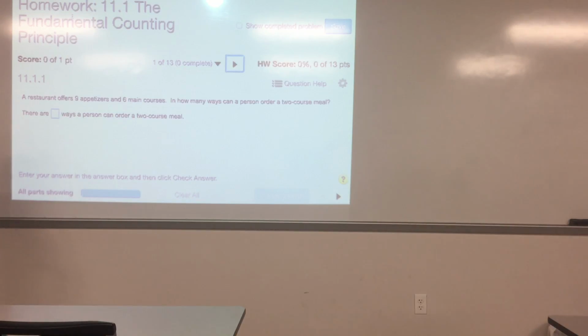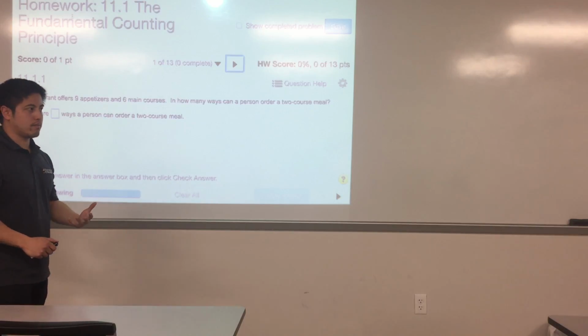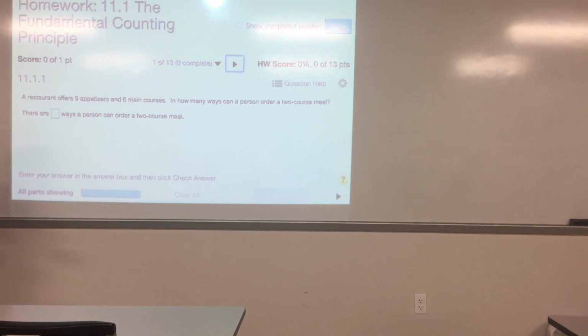So what's going on here? The fundamental counting principle is a way to figure out all of your possible options. Let's take a look here. A restaurant offers 9 appetizers and 6 main courses. In how many ways can a person order a 2-course meal? There are blank ways.